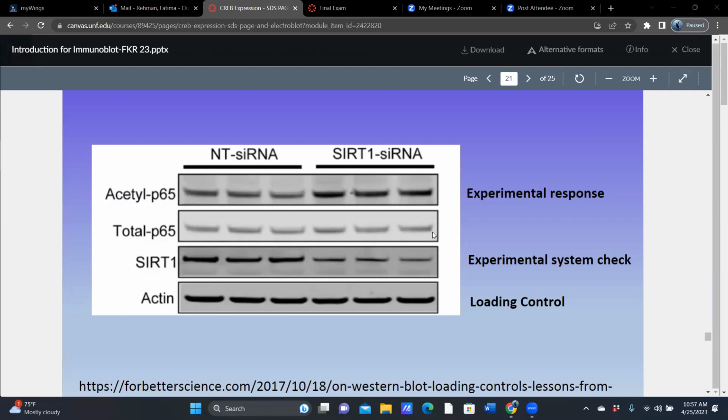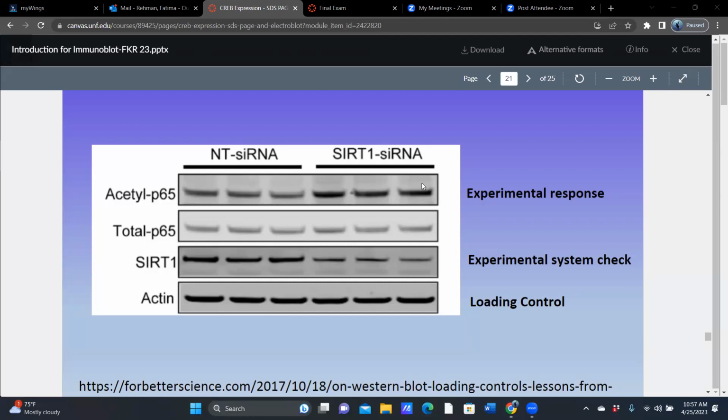Does it affect total levels of P65 when I inhibit SIRT1? They look the same. Exactly. So it did not affect the total amount of P65 present in the cell.